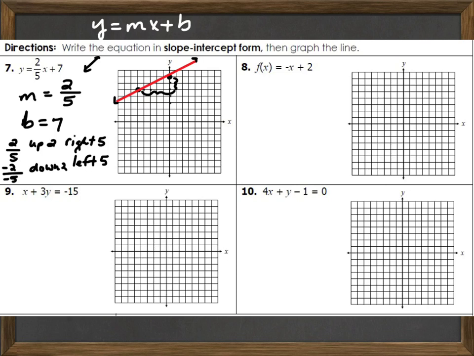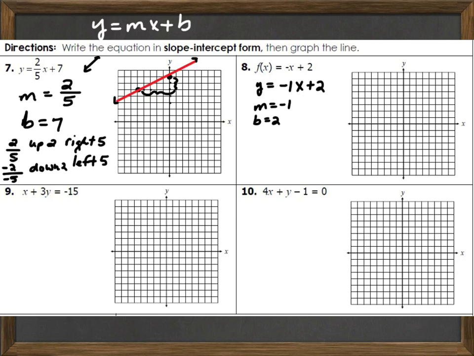Alright, so let's look at the next one. This one is f of x, and you always change an f of x to y equals. So it's y equals, and that negative means that's a -1 there, plus 2. So my slope is -1, and my y-intercept is 2. Well, how do you count a negative slope?